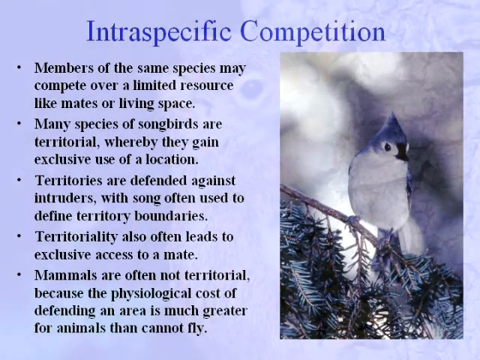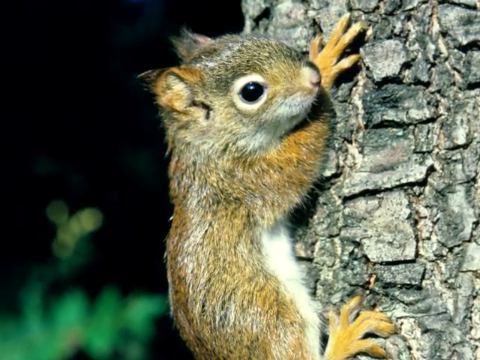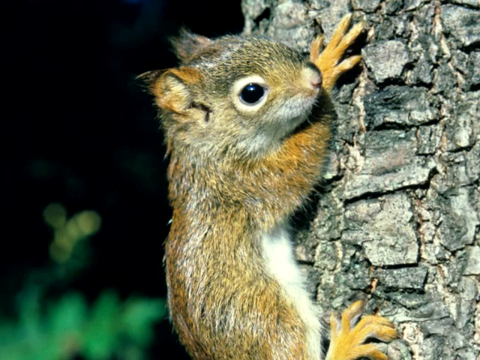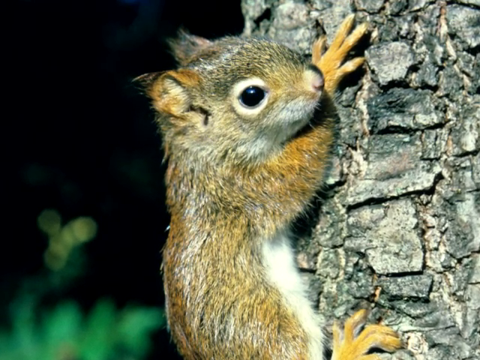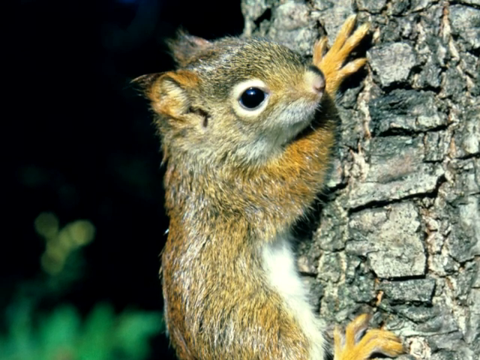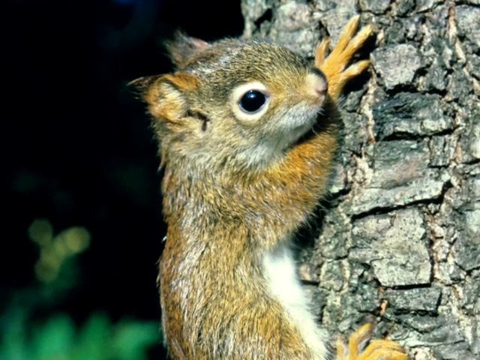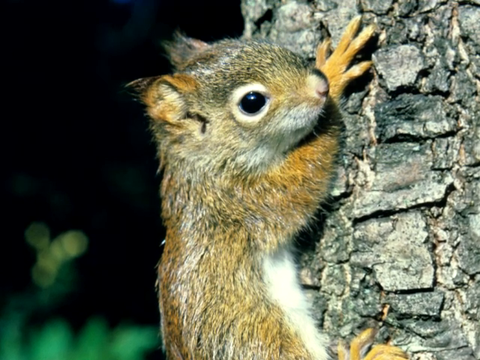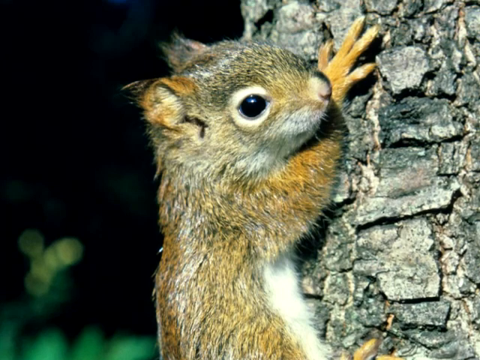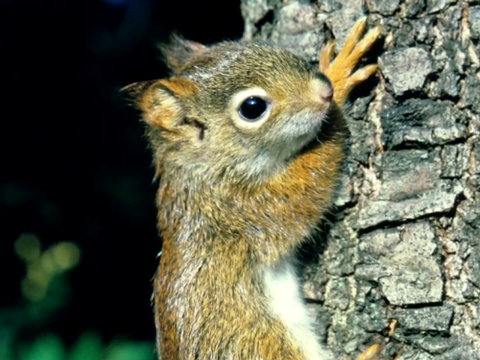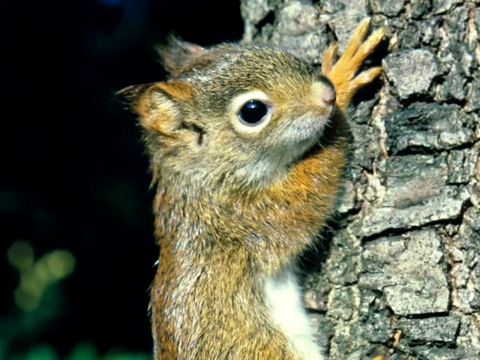There are some mammals that exhibit territoriality. For example, in the northeastern part of North America, the red squirrel is territorial. Red squirrels live primarily in conifers, and conifers have a dense source of seeds. Evergreen trees, like pines and spruces and species like that, have this dense collection of pine cones.